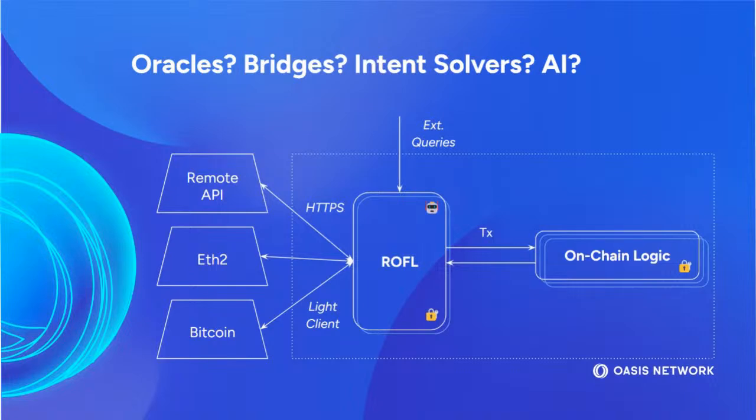One example I wanted to say real quick is that in our last hackathon, we had someone build an AI therapist, which I thought was really cool. Basically, you had an encrypted message on Sapphire call ROFL, then ROFL would call the LLM API, and then submit the message back to the user.